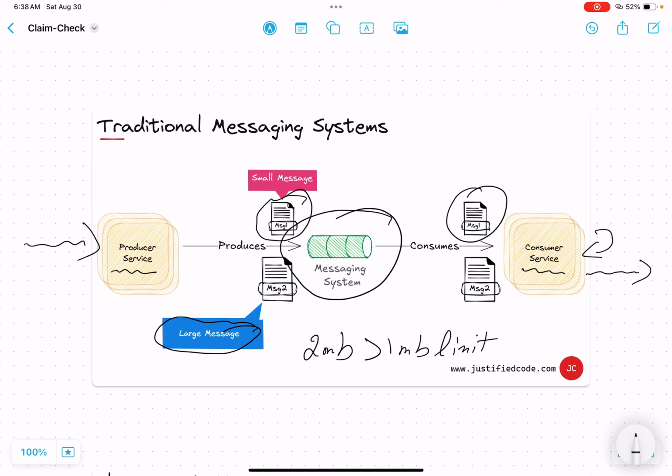Usually, the first option we revert to is to increase this limit. That's something I learned not to do. I learned to stick with the default configuration settings of any vendor because usually, guys, a data system like a database or a message broker, they do these constraints for a certain reason.